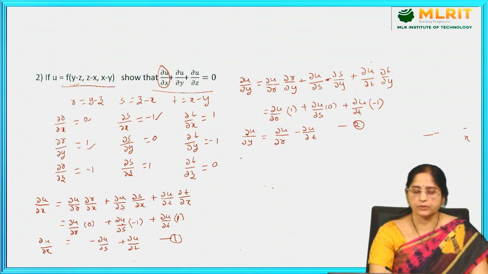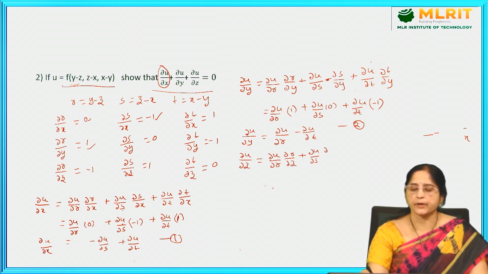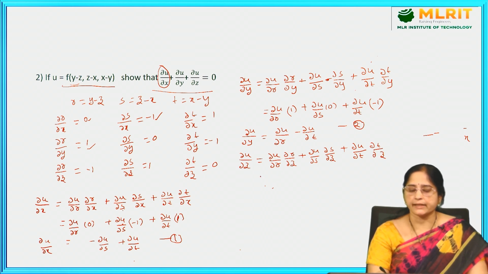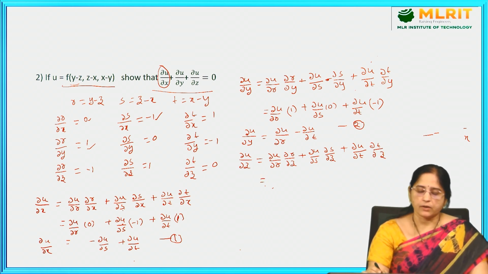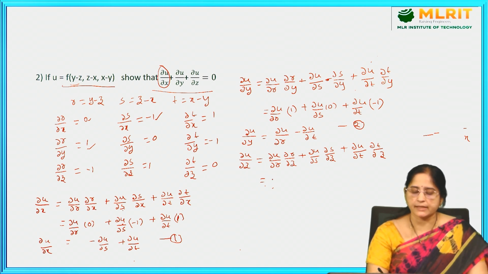Next one, calculate ∂u/∂z. ∂u/∂z is ∂u/∂r into ∂r/∂z, plus ∂u/∂s into ∂s/∂z, plus ∂u/∂t into ∂t/∂z. Substituting our calculated partial derivatives, ∂r/∂z is minus 1, that is minus 1 into ∂u/∂r, plus ∂s/∂z value is 1, plus 1 into ∂u/∂s. Next, ∂t/∂z value is 0.